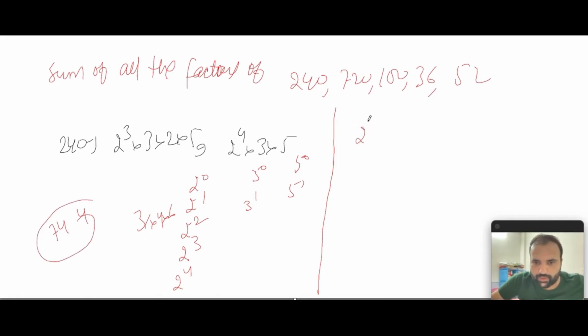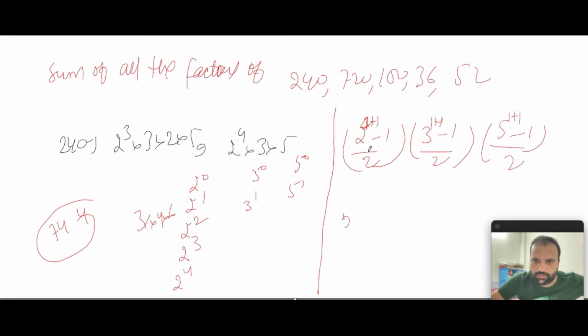Okay, same thing we can do using the formula as well. So 2 to the 4 plus 1 minus 1 by 2 minus 1. Oh sorry, over here that's a 4. Then 3 to the 1 plus 1 minus 1 by 3 minus 1, and 5 to the 1 plus 1 minus 1 by 5 minus 1.